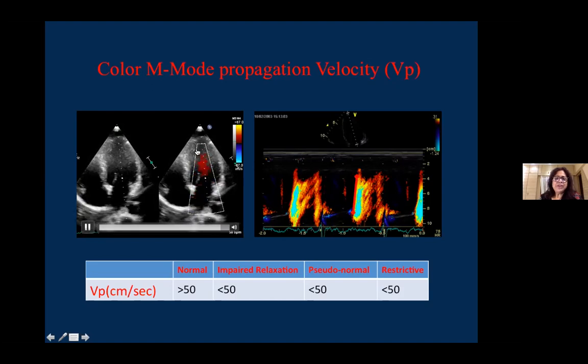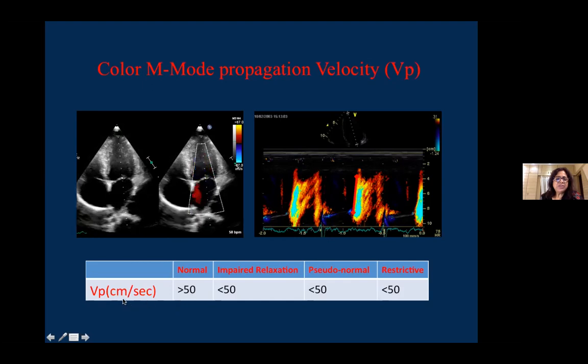So if the relaxation is very good, the propagation of the blood will be very fast and the slope will be very steep. So normally VP is more than 50 centimeter per second. Whereas in all other variety of impaired relaxation, pseudo-normal or restrictive, it is less than 50 centimeter per second.